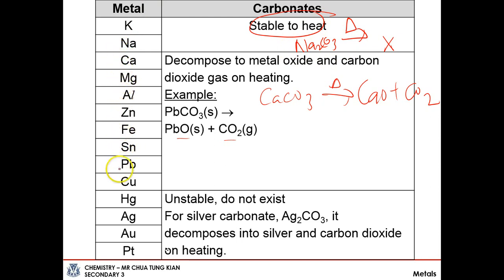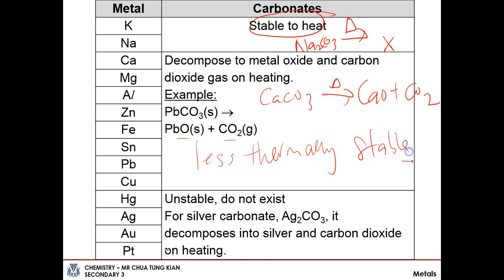So if it were to react to form the carbonate, this carbonate compound wouldn't like to remain bonded to the metal. So as we go down the reactivity series, the metal carbonate becomes less and less stable to heating, or we can say it becomes less thermally stable.